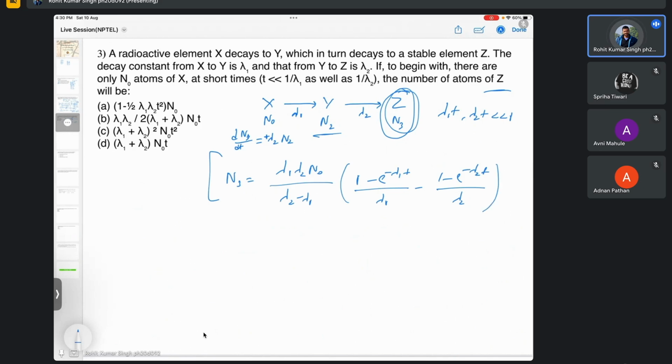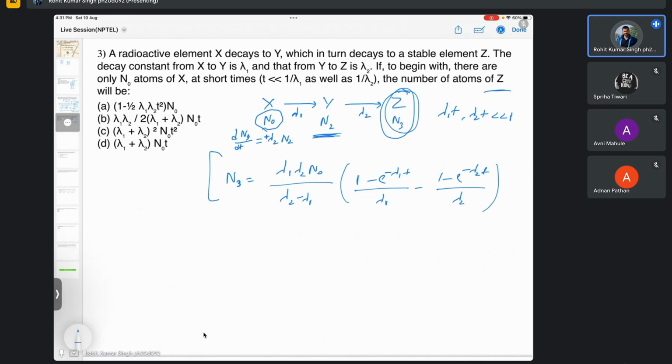So you notice here that n3 does not depend on the intermediate stage n2. Okay, it directly depends on only the number of x at time t equal to 0. So this is interesting.